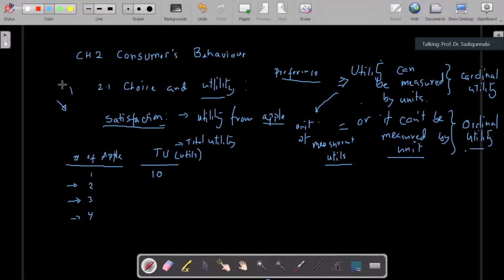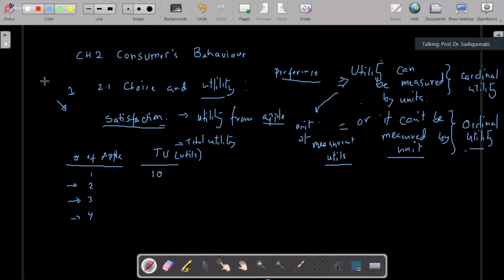Suppose you were drinking a first glass of water when you were thirsty. Then you are supposed to drink a second glass of water. Do you get the same level of satisfaction? Suppose you are very thirsty.